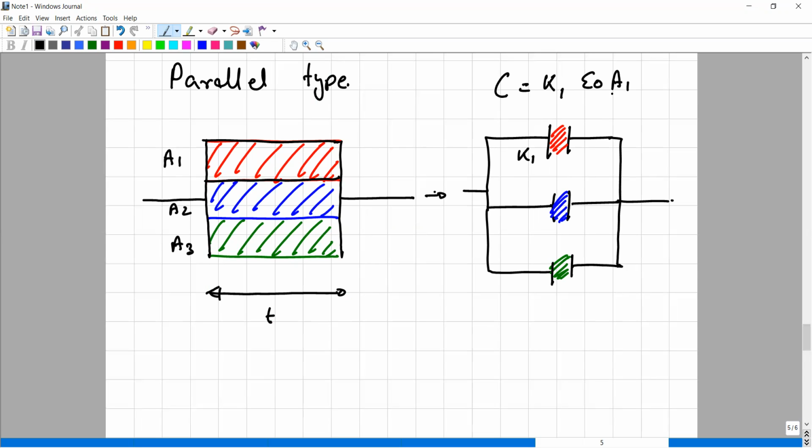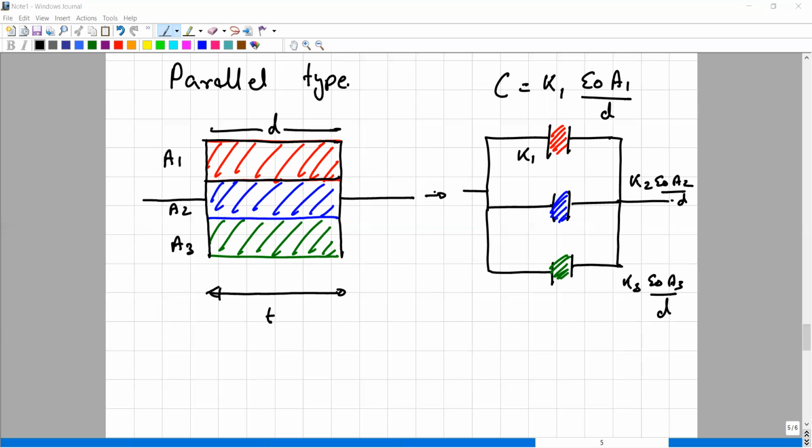So it will become A1 divided by D, the distance between the plates, because the individual dielectric is covering the whole distance, but not the whole area. So K1 epsilon naught A1 by D. Again, for this one, it will become K2 epsilon naught A2 by D. This will become K3 epsilon naught A3 by D, whatever be the area.